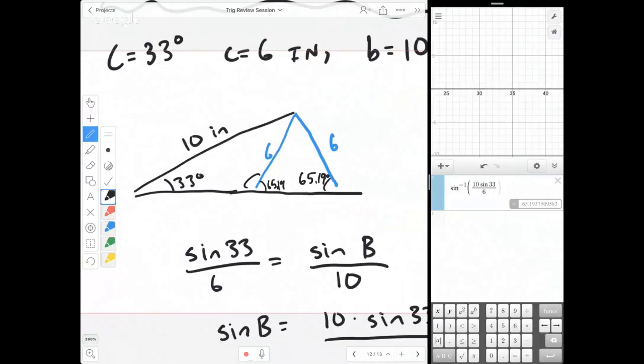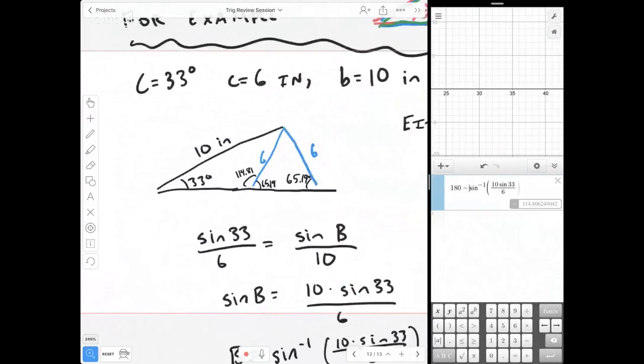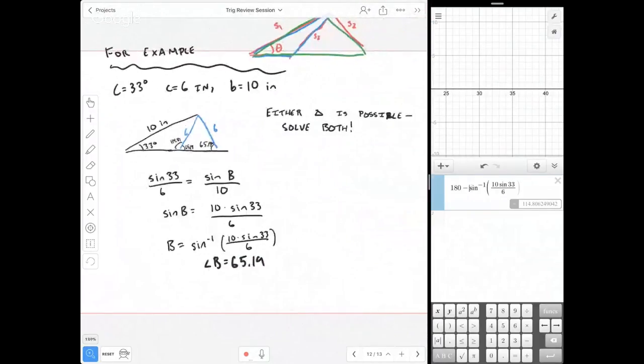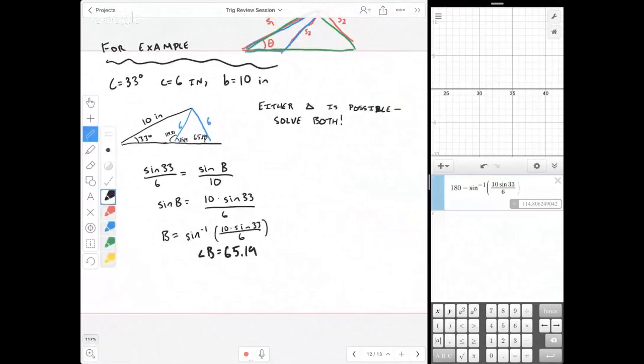So what's 180 minus 65.19? It's 114.81. Okay, so now I've got two angle B's. Angle B number 1, 65.19. Angle B number 2, 114.81.